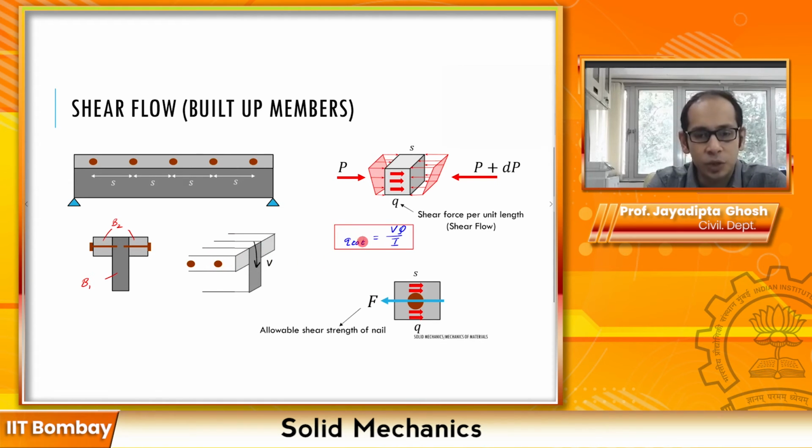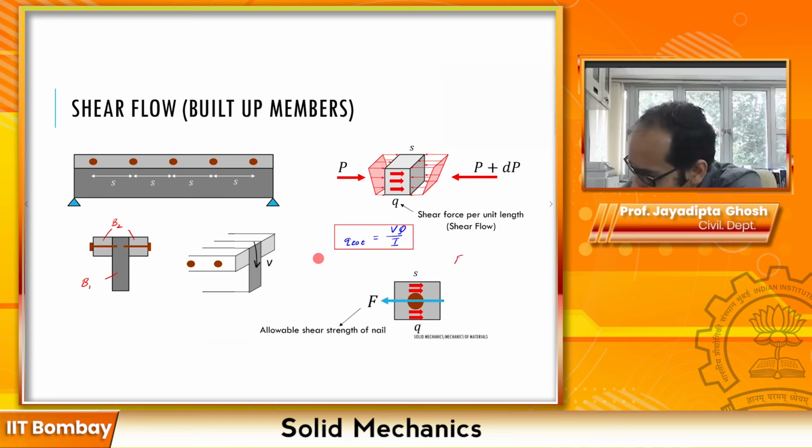The total Q by both the rows is resisting the total V over 2 plus V over 2, which equals V. So that is the total Q. But each row of bolts resists a value of Q over 2 because it resists a value of V over 2. So if I have to write for each row of bolts now, let's write that.